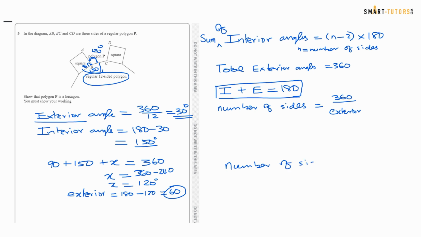So 180 minus 120, which is 60. So once we find 60 as the exterior angle, the number of sides equals 360 divided by 60, which is 6. So 6 sides means P is a hexagon. So that is our final answer for question 5.